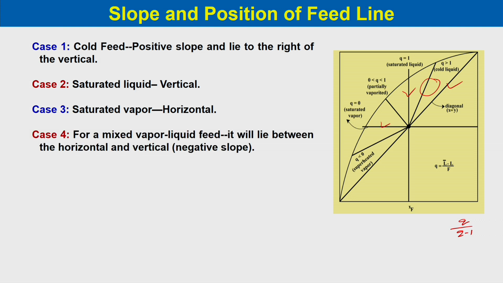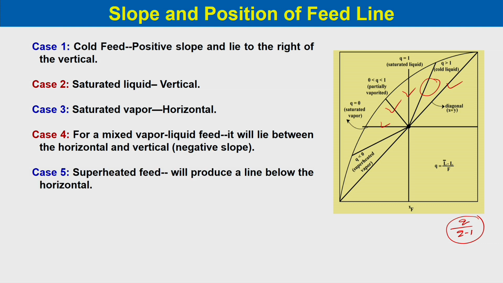For case 4, that is a mixture of vapor and liquid feed, it will lie between the horizontal and vertical line because the slope is negative for q less than 1 and greater than 0. So, this is the partially vaporized feed. The slope is negative and this will lie in between the vertical and horizontal line.